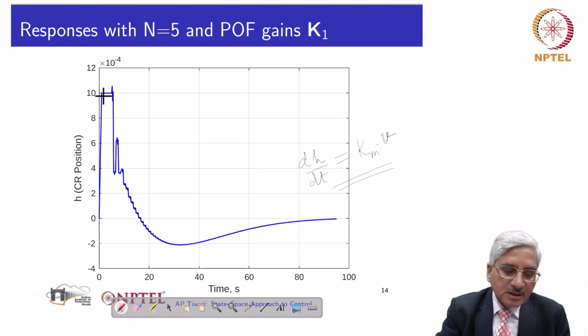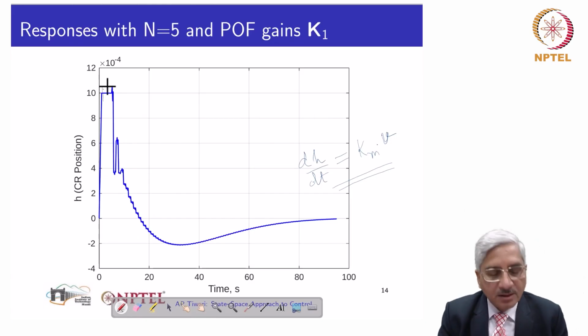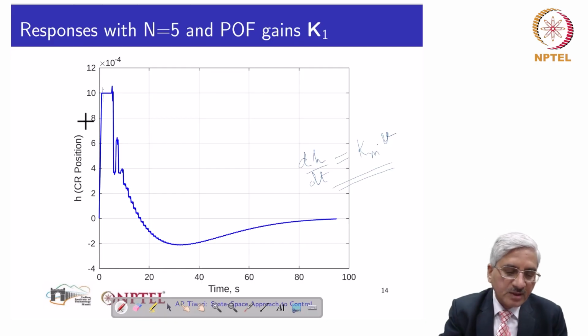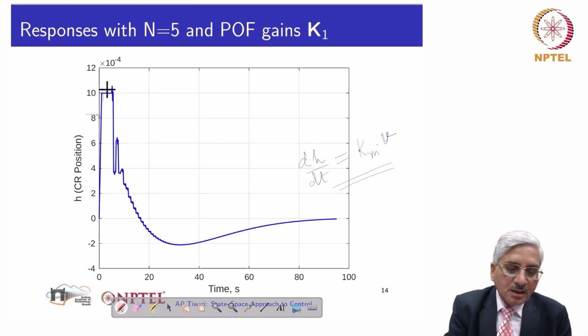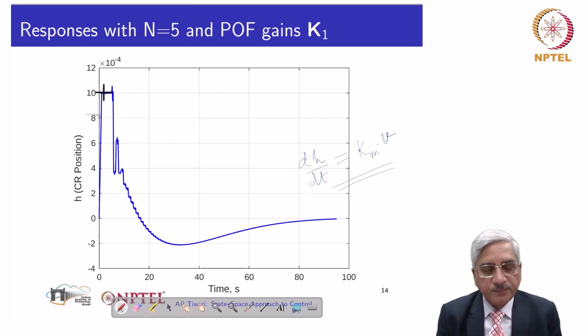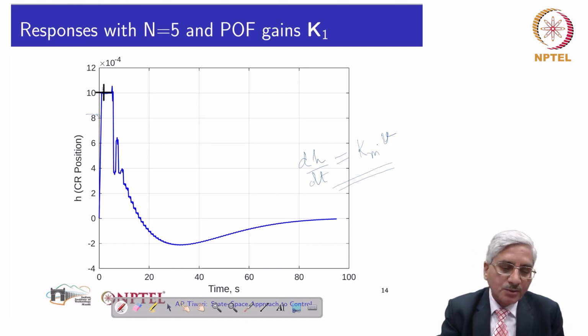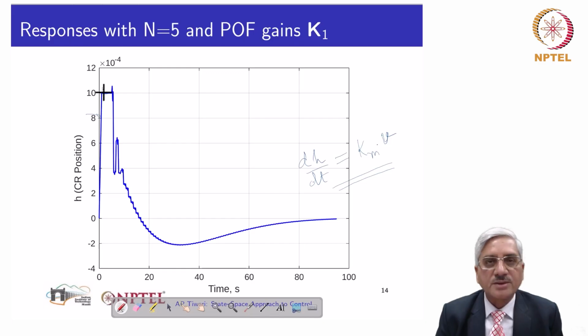As the control signal was constant for 1 second, the control rod height kept increasing with time. This is with the slope. Then the control signal was 0, so the control rod height remained constant, and no signal was being given, so control rod remains there.